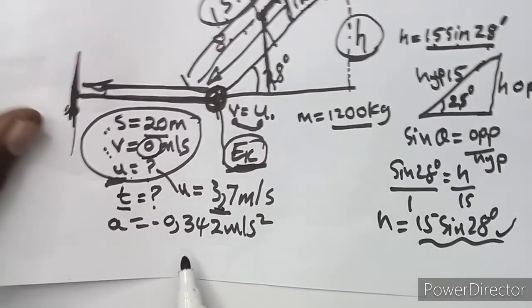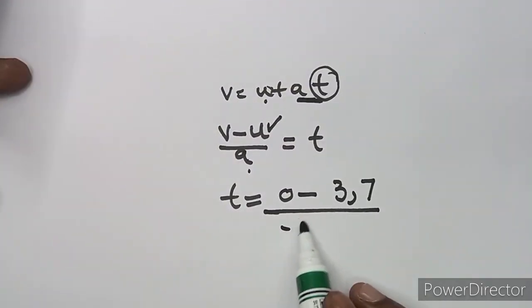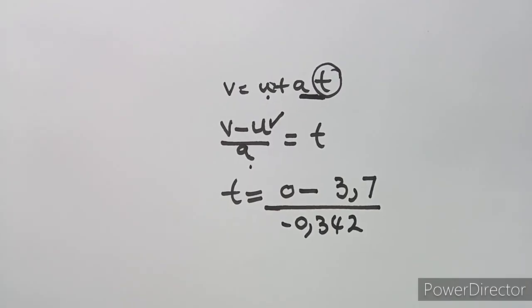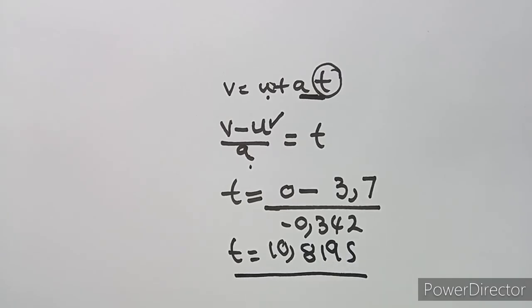Remember we got the acceleration, which is negative 0.342. So dividing these using your calculator, you are going to obtain something like 10,819 seconds. So this is going to be the time which was taken, guys.